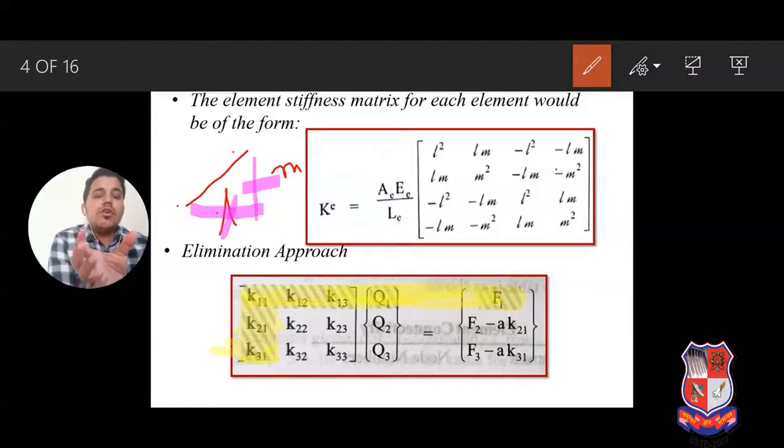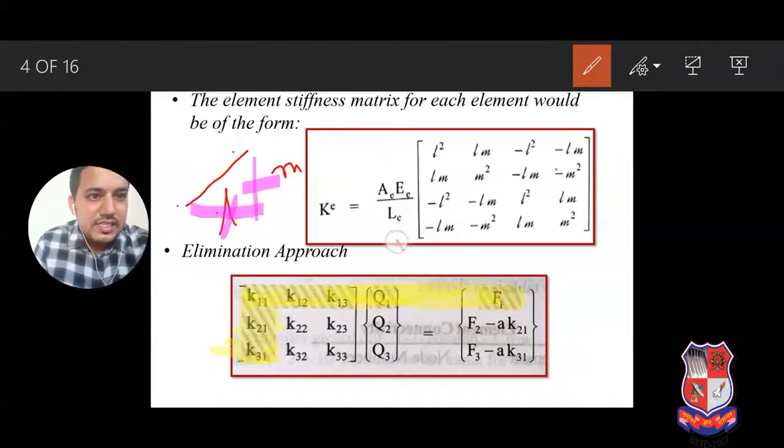This is the cos component, the horizontal considered as the L component. Cos theta is equal to x2 minus x1 divided by length, and M is equal to the vertical length, meaning y2 minus y1 divided by length. So these are the particular things.